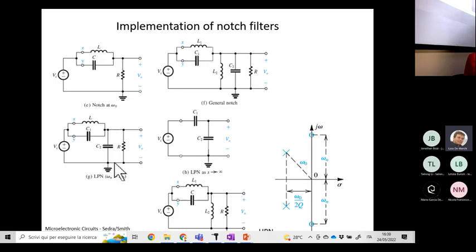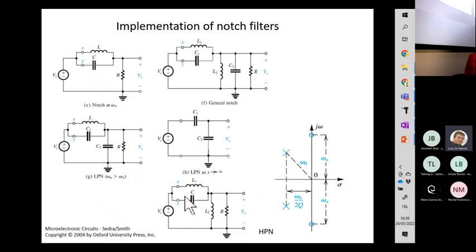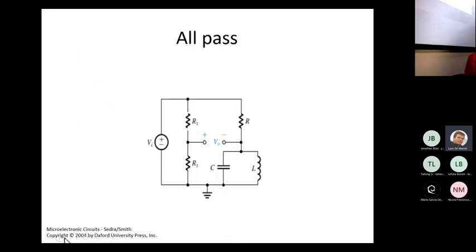So low pass notch, the one that we have seen before, and also high pass notch. In this case, we have just one capacitance. So all the combinations have been realized, all the combinations but one, that is the all-pass filter.